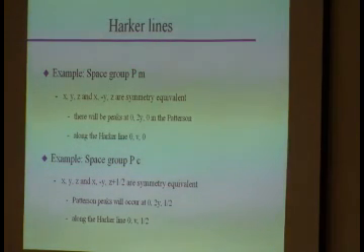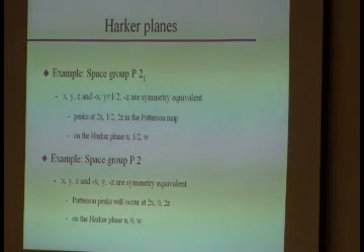How about that one? Systematic absences? Mirrors give systematic absences? No, they don't, right? So neither Pm nor P2 have systematic absences. But one of them will have a lot of peaks on a line 0v0. The other one will have a lot of peaks in a plane u0w.